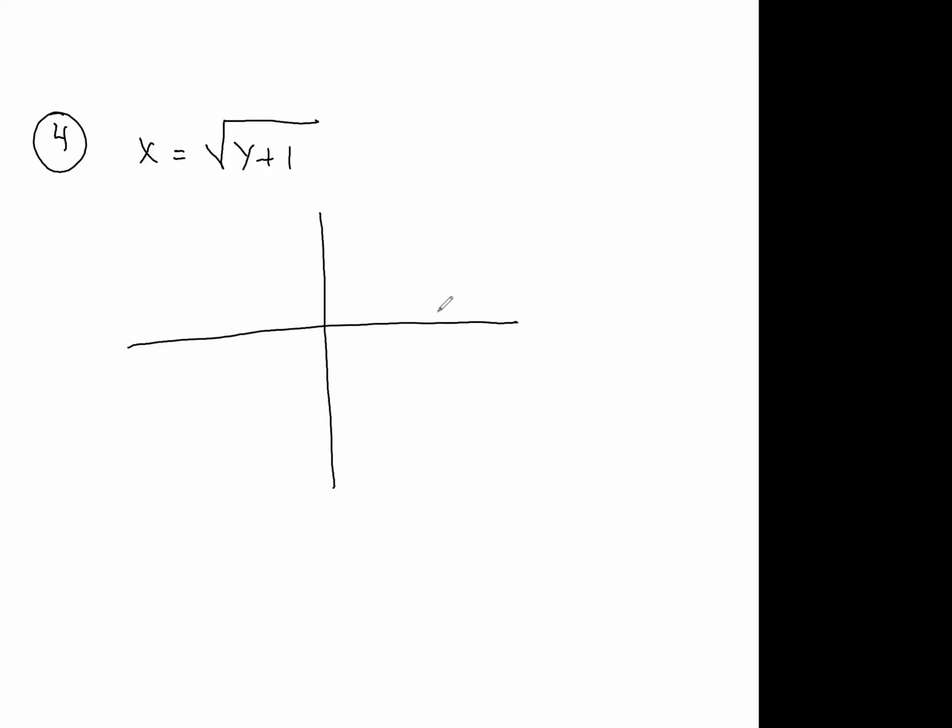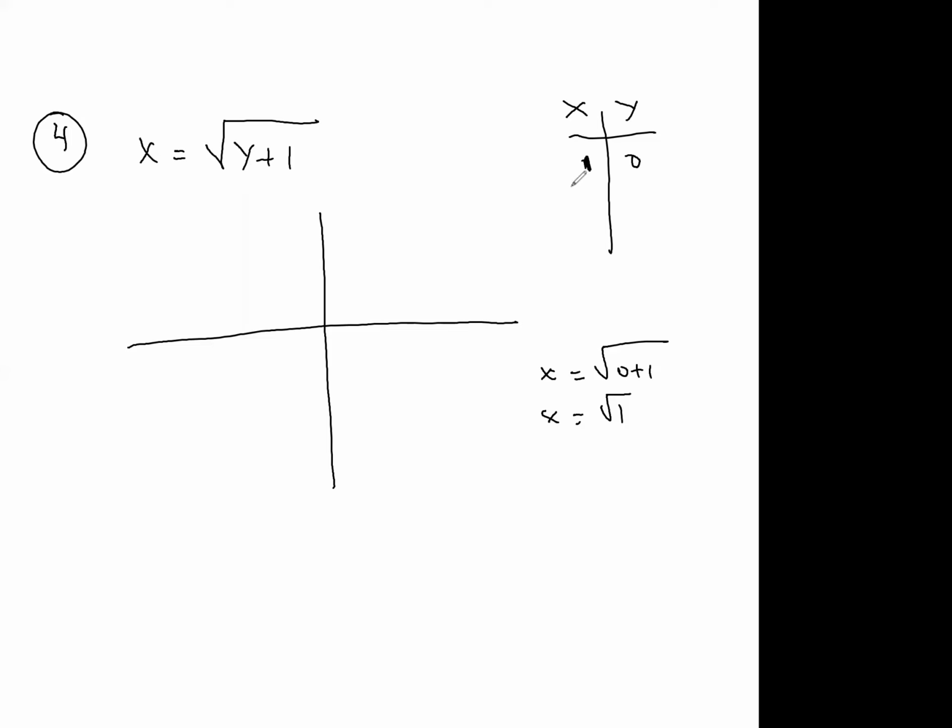You choose certain numbers, but in this case you're plotting y. I'm allowed to use 0. What happens when you substitute 0? We get x equal the square root of 0 plus 1. x is equal the square root of 1. My answer is 1.